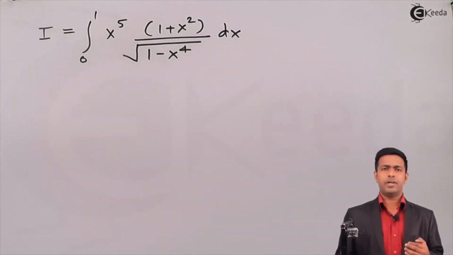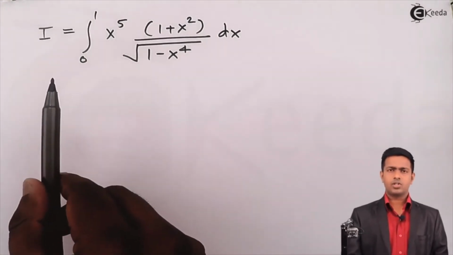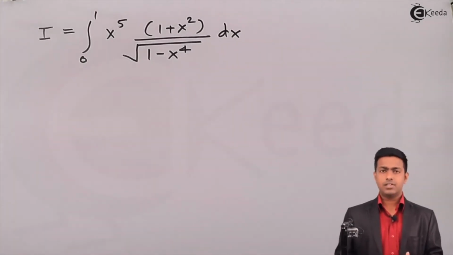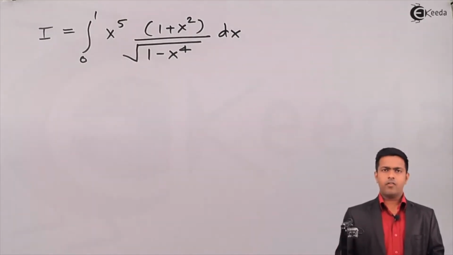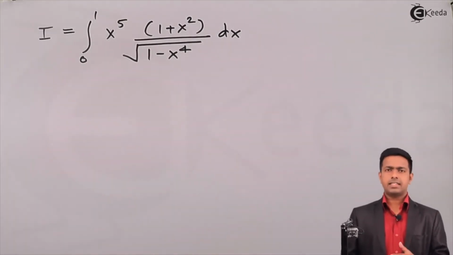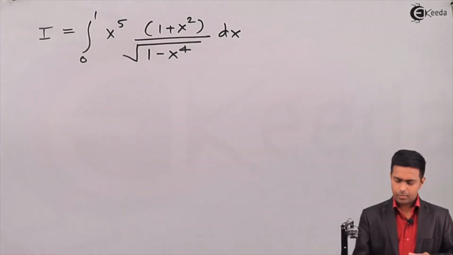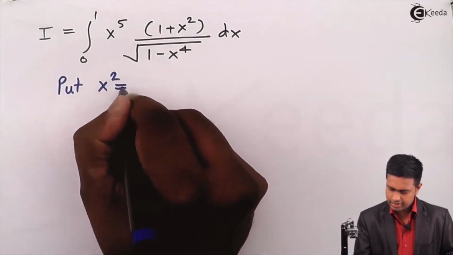So we can get the limit from 0 to pi by 2. And similarly for cos, we can get the cos inverse of 0 as pi by 2 and cos inverse of 1 as 0. So we can get that limit. So here we will put x square as sine theta.